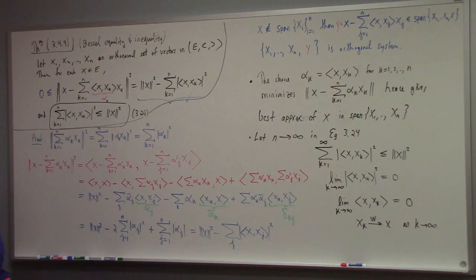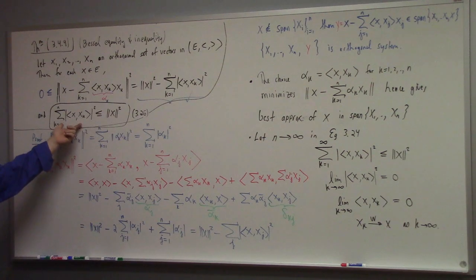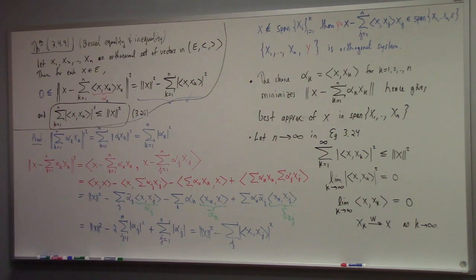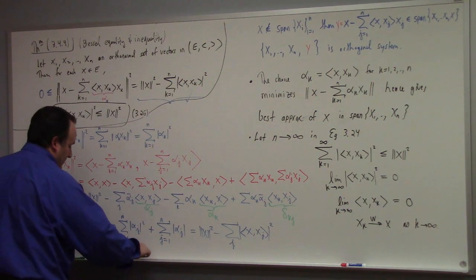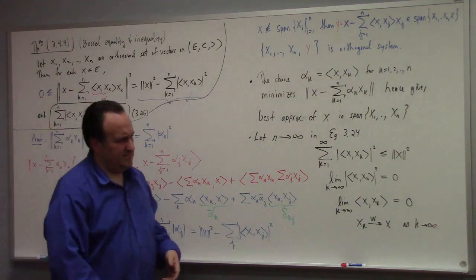Bessel's equality is now an explicit account of the error in the nth Fourier polynomial for x. And in fact, it is at most what? It's bounded by the length of x, right? So that gives you a bound on the error of the Fourier polynomial. That's it.